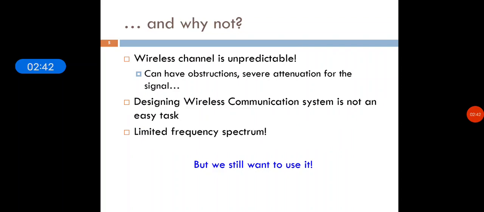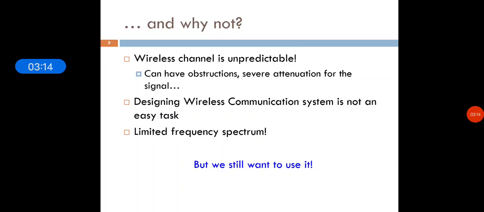But wireless communication has some problems. The channel is unpredictable, so you don't know whether there may be obstruction or severe attenuation of the signal on the way. Also, the designing of a wireless network is very complex, it is not an easy task. Limited frequency spectrum. What is the frequency spectrum?